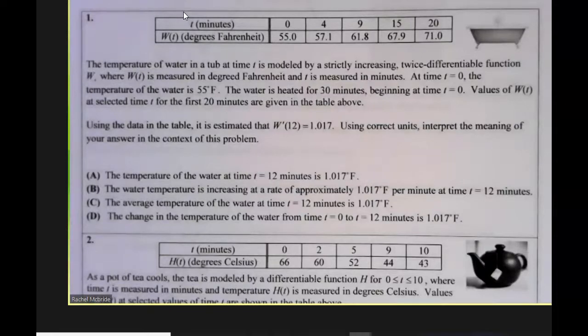Using the data in the table, it is estimated that the derivative of W at 12 is 1.017. Using correct units, interpret the meaning of your answer in the context of the problem. So the original function is in degrees. So that's kind of like if you think about distance. The original function is in terms of feet. Its derivative is the change in feet over time.